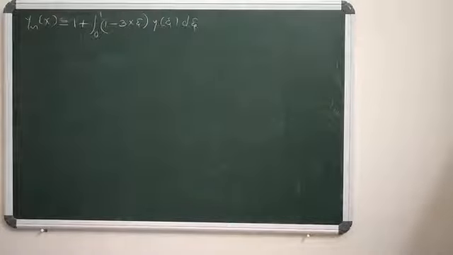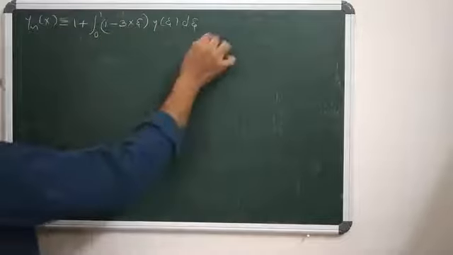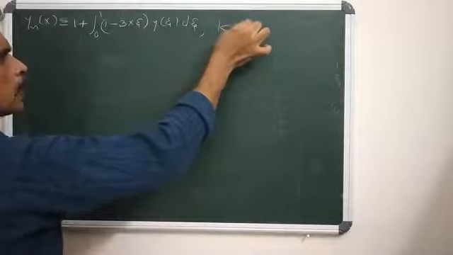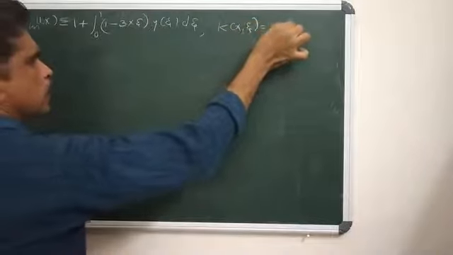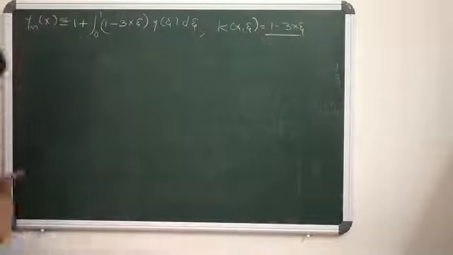Find the solution of this Fredholm integral equation using the iterative method. What is the kernel here? Here k(x, theta) is 1 minus 3x theta.